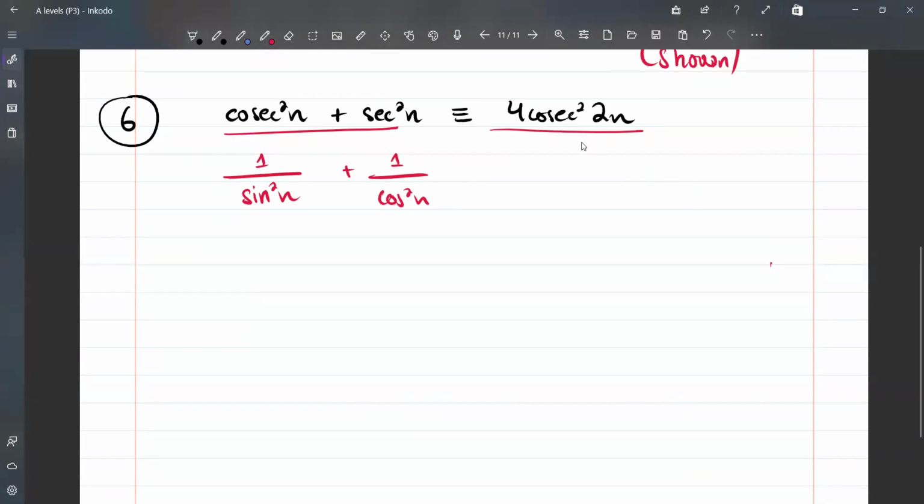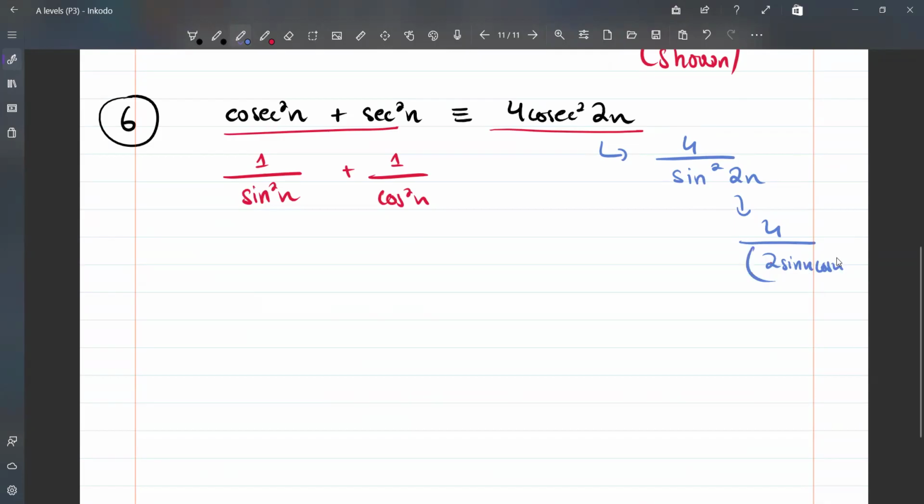So for cosec square 2x can be written as 4 upon sine square 2x, right? And we know that sine 2x is 2 sine x cos x.